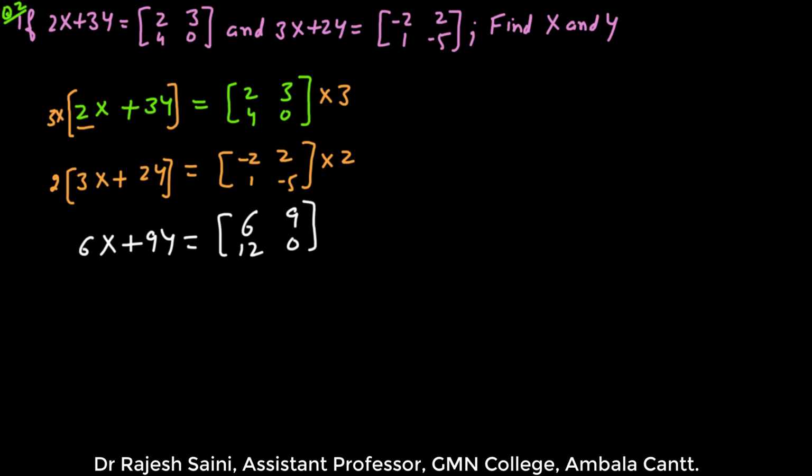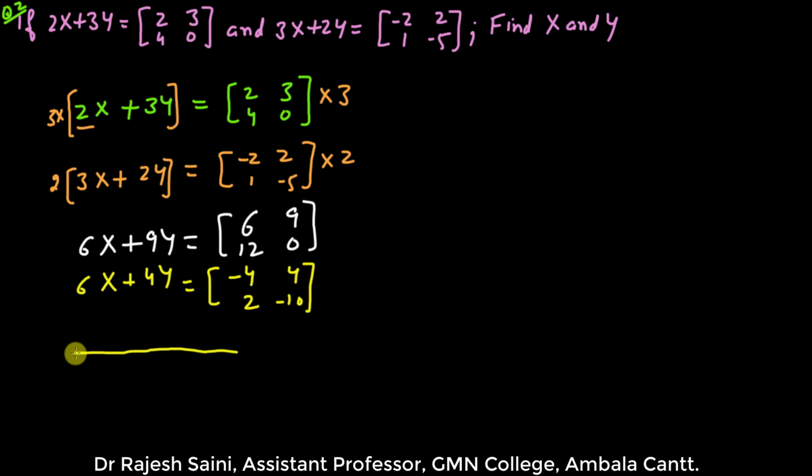Now you will see here, 2 into 3 will be 6X, 2 into 2 is 4Y, and here 2 into minus 2 is minus 4, 2 into 2 is 4, 1 into 2 is 2, minus 5 into 2 is minus 10. Okay, now you will subtract.